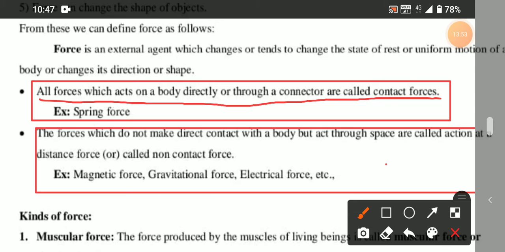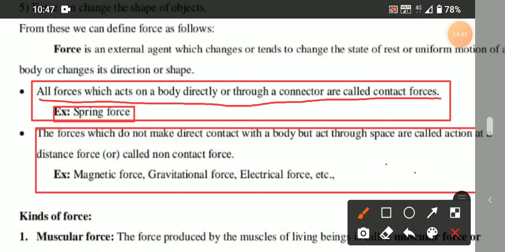So this is the definition of contact force: all the forces which act on a body directly or through a connector are called contact force. And here are some examples of contact force. Example: spring force.